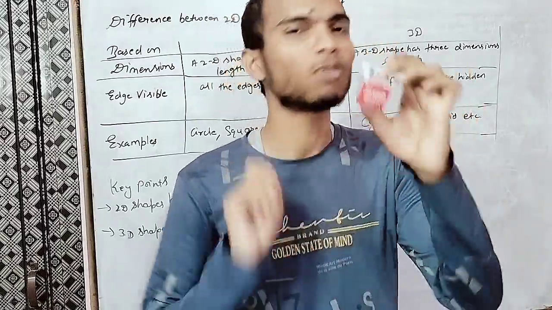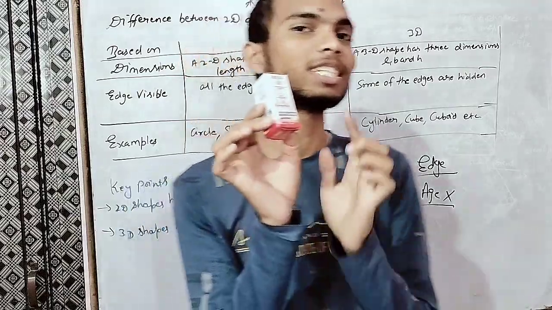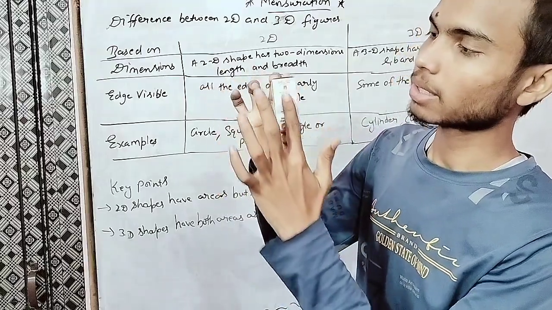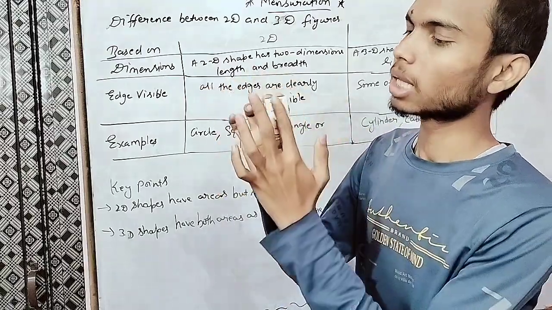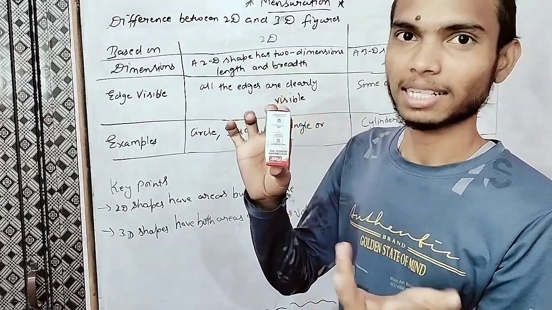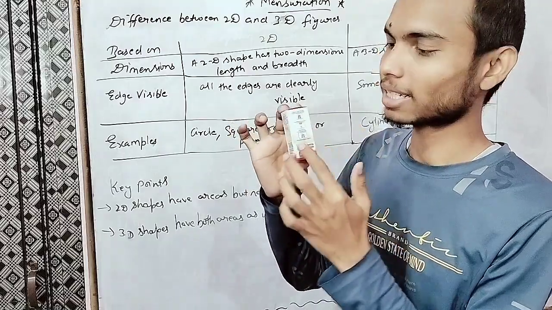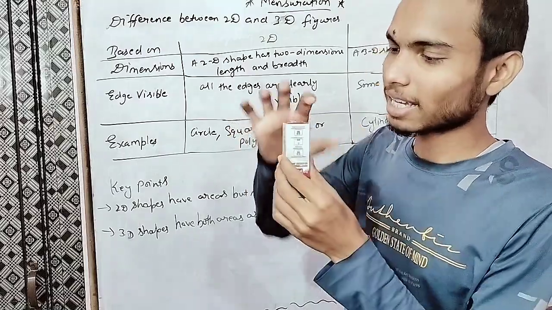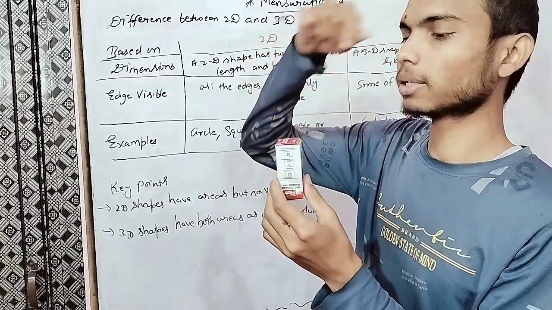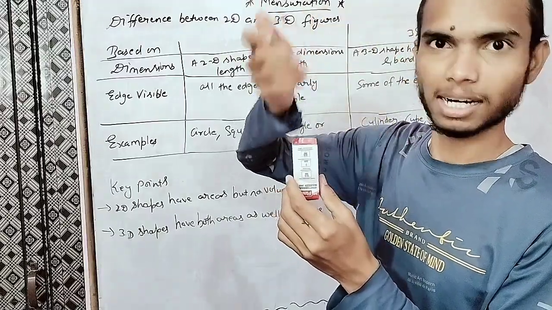Now this is the example of a 3D. Here, this is the y-axis, this is the x-axis, and where is the z-axis? This is the z-axis. And as I told you, we can put something in a 3D shape.